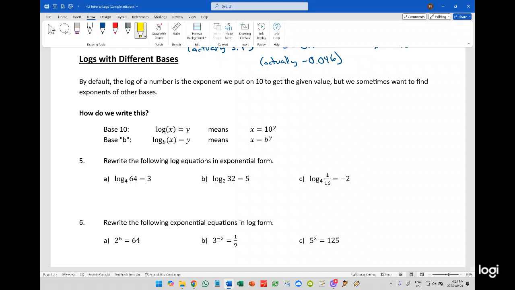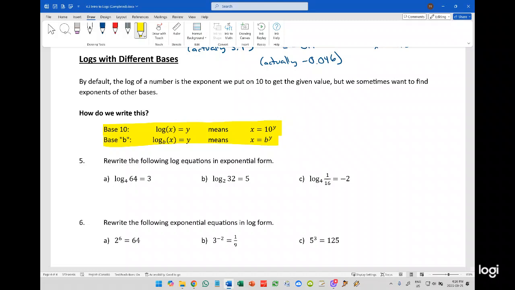If you want to take a moment and look at this, for base 10, the log of x equals y means the exact same thing as x equals 10 to the y. So it's basically saying y is the exponent on 10 to get x. Here, if we have a general base, it's just saying that y is the exponent we put on b to get x.